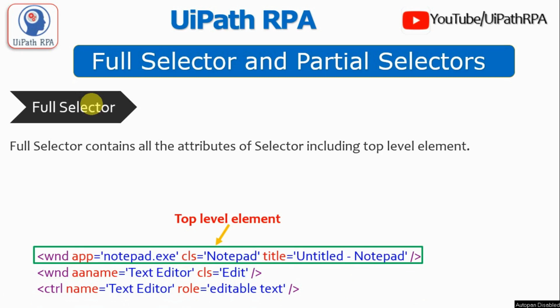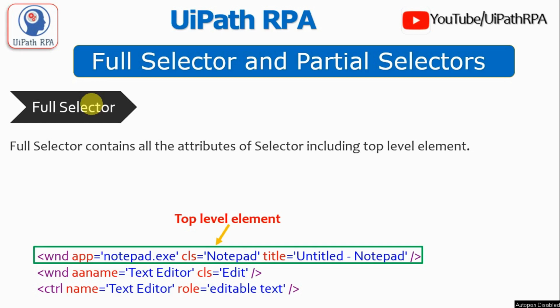Whenever we are automating any application, the selector shows the app name, like app equal to notepad.exe, or the class of that notepad, or the title of that notepad.